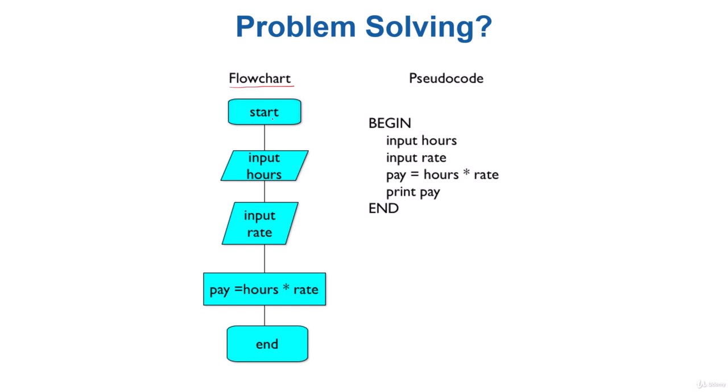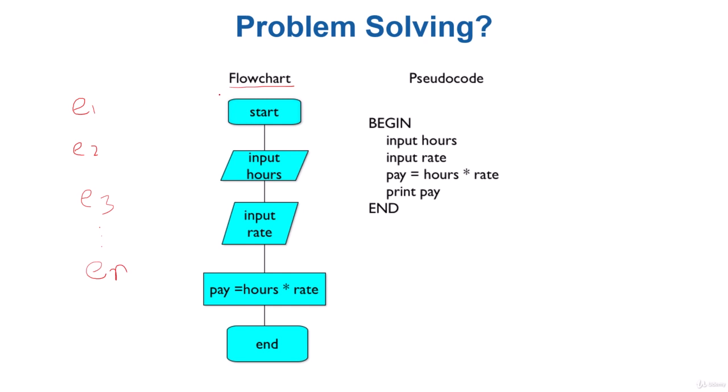The problem we are discussing here is computing the pay of different employees of some company. Let's say there are several employees, employee 1, employee 2, employee 3, and so on, and each employee has a name, phone number, email, and all the credentials.